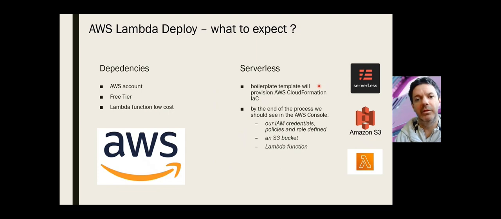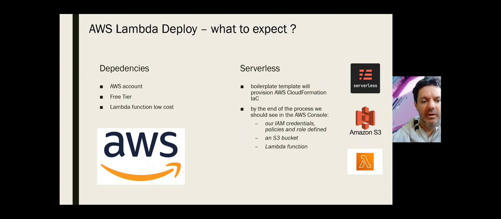That's going to provision all of the resources that we need, including an S3 bucket, a Lambda function, and the IAM credentials, or rather the policies and roles, the last part we'll look at. That should be evident in your console at the end of the process.